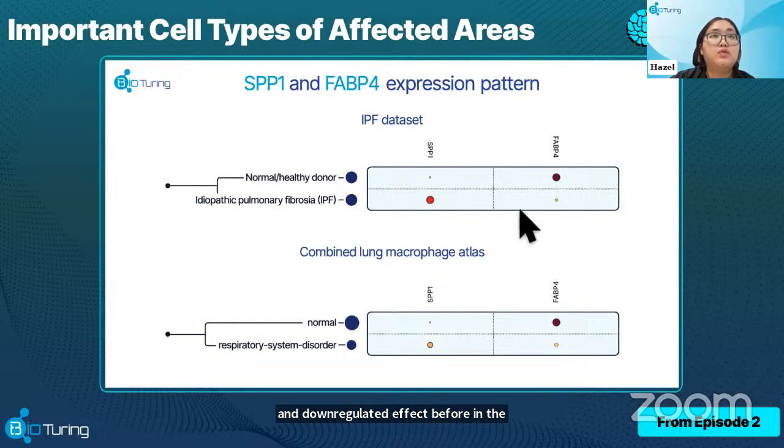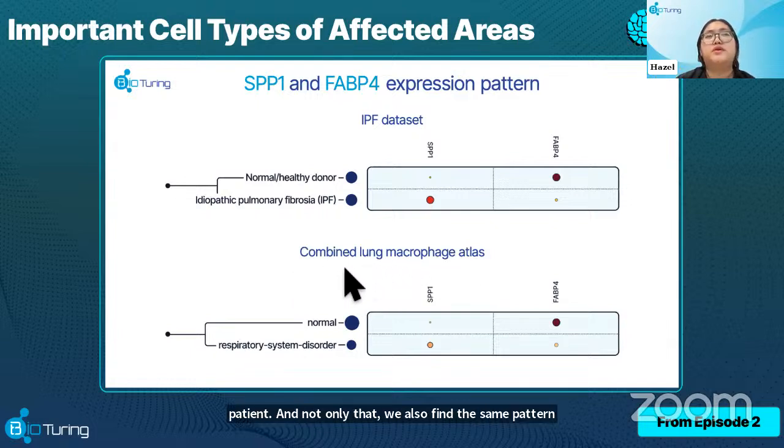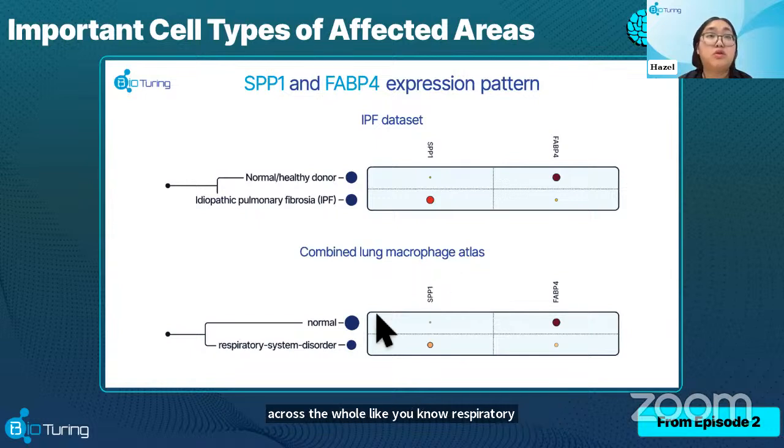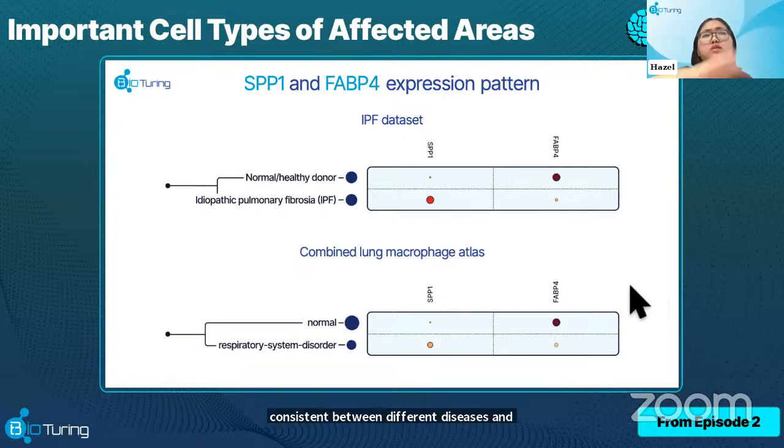And not only that, we also found the same pattern across the whole range of respiratory system related disorders within our database, which shows that the pattern is quite consistent between different diseases.